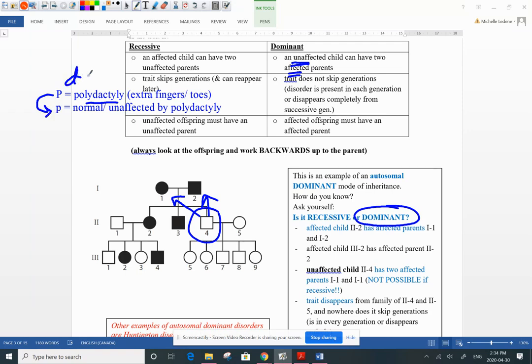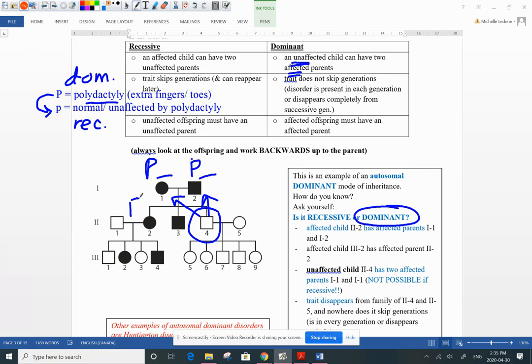So this is the dominant allele, having polydactyly, extra fingers and toes. The little p is the recessive, and that's having normal fingers and toes, not extra numbers. You're not affected by polydactyly. So here's this individual, and this individual obviously is not shaded in. So they do not have this trait of polydactyly.